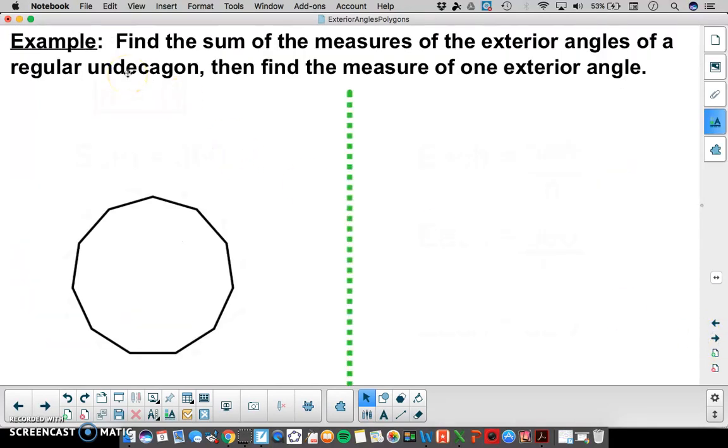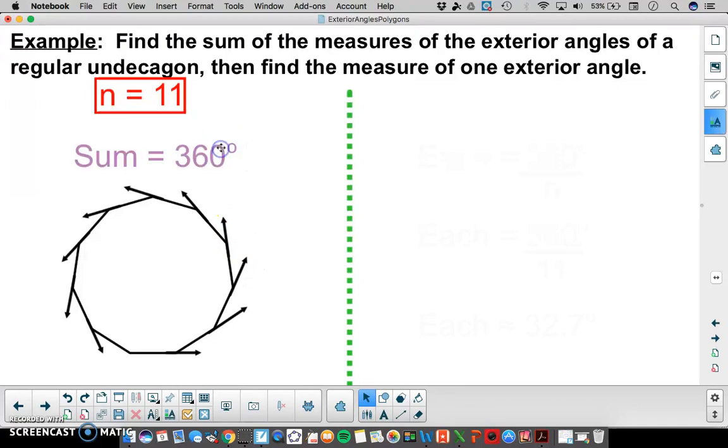So for an example here, find the sum of the measures of the exterior angles of a regular undecagon, then find the measure of one exterior angle. If it's an undecagon, we know n is equal to 11. So I have my 11-sided figure here. Each of those exterior angles, when I add them all together, will give me a sum of 360 degrees.